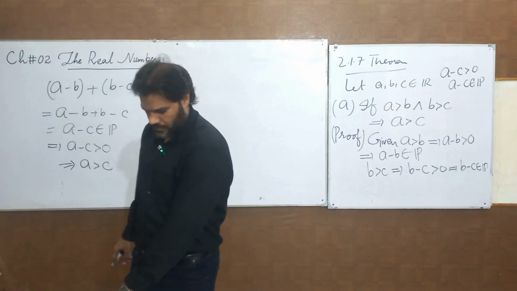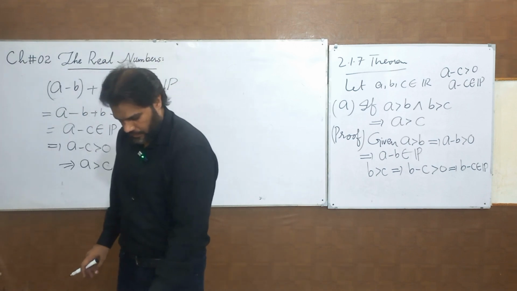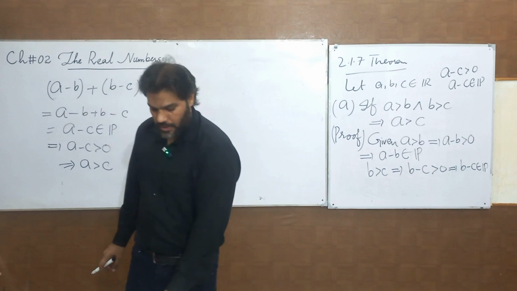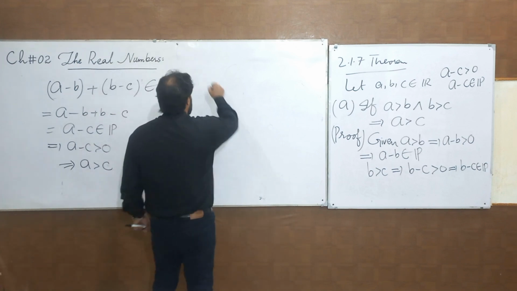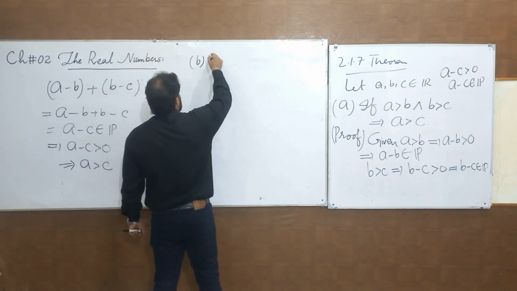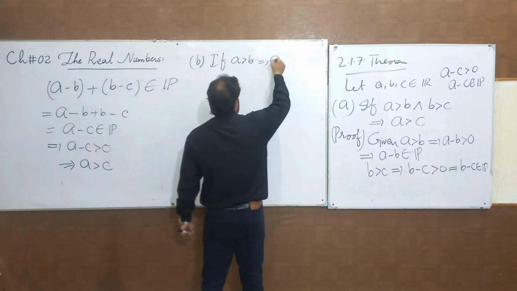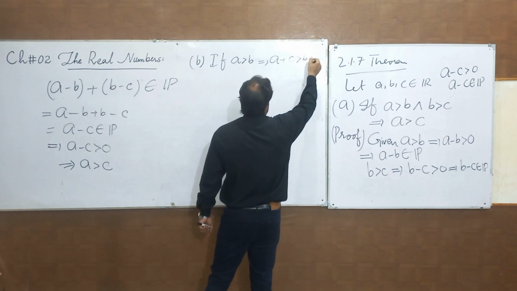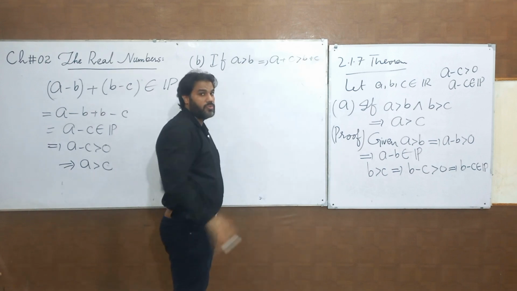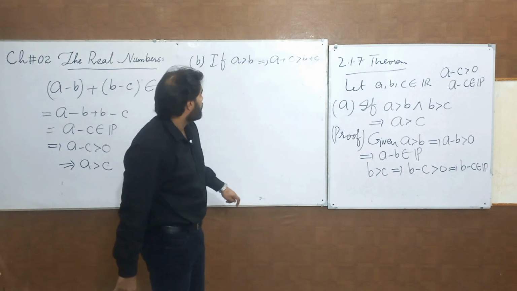The next, in part B, we have to show that if A is greater than B, then by adding C on both sides, A plus C is greater than B plus C. I hope you can do this part by yourself.